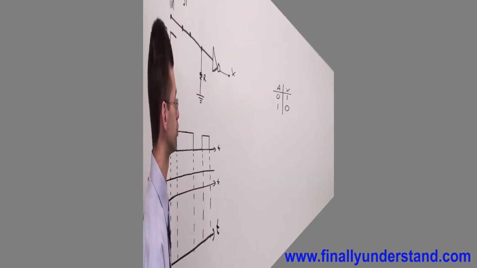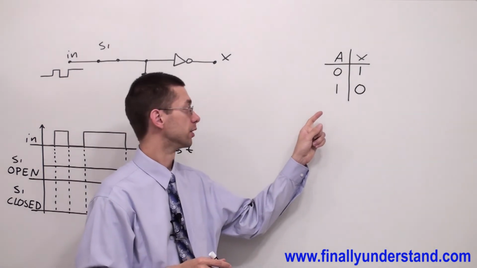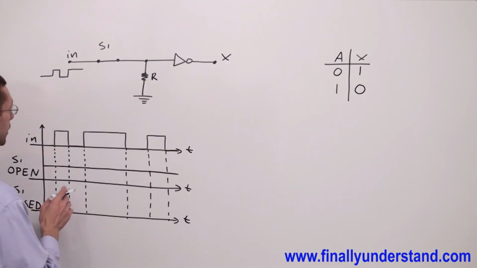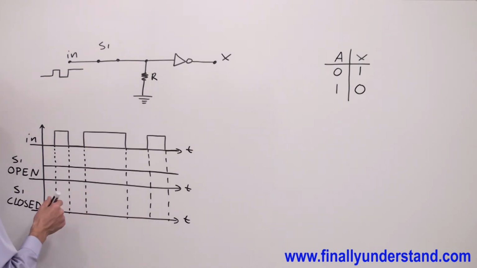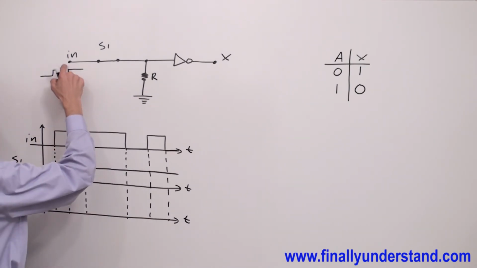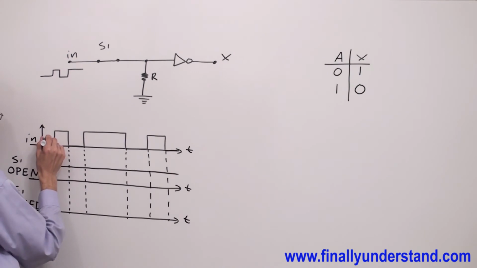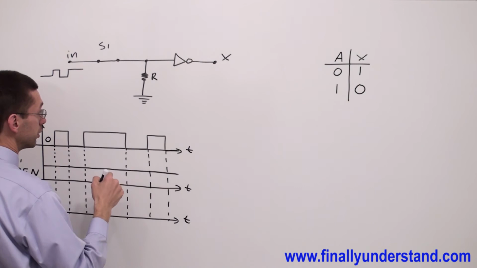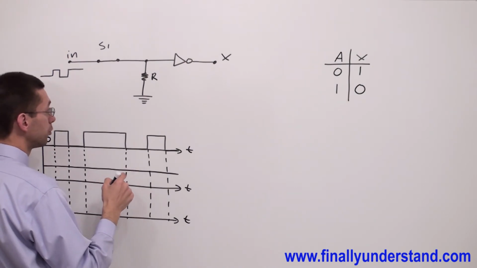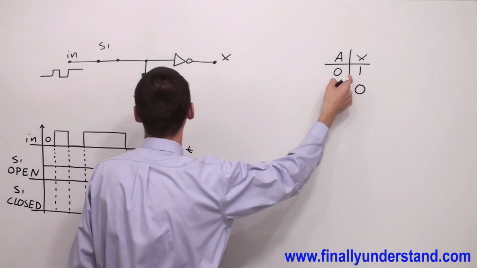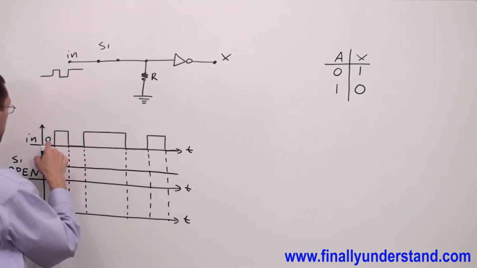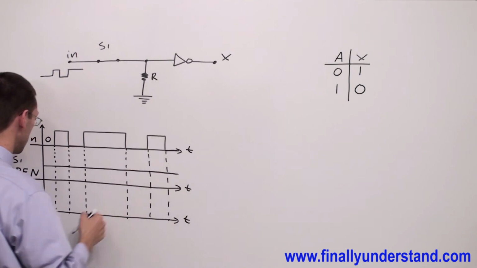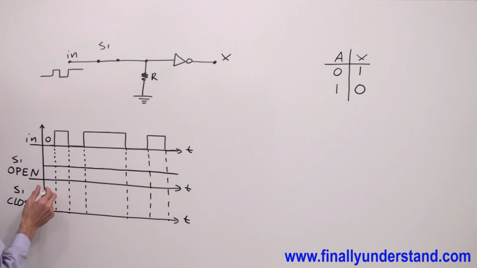And after that, you're supposed to look at the truth table and simply determine the output of this circuit. So if the input is receiving logic 0, according to the truth table, at the output I'm going to have 1. So this 0 applied to the input will produce high at the output of the inverter.